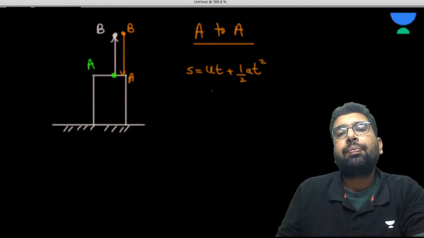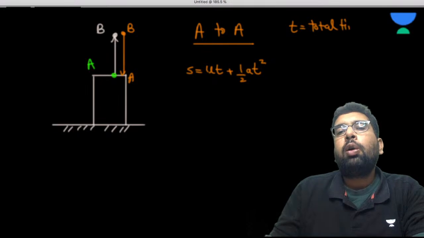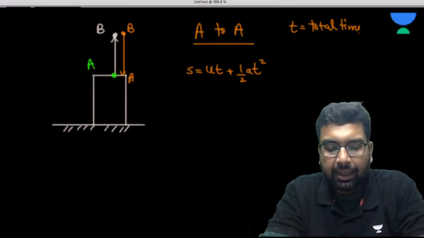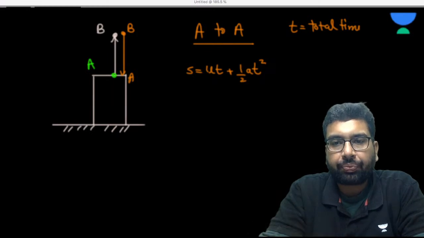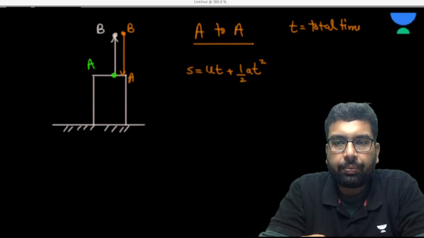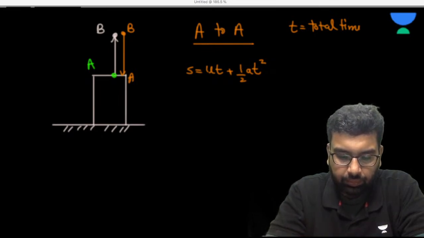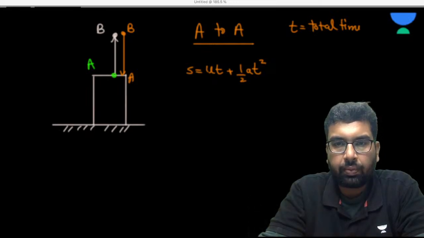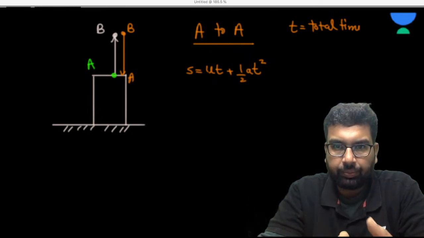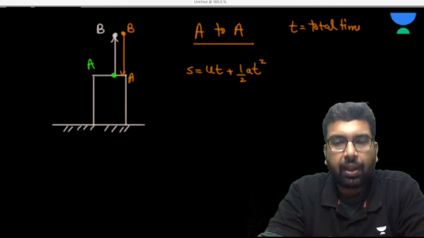Let's suppose this T is the total time it took from point A to come back to point A. What is the total displacement when it goes from A and comes back to A?